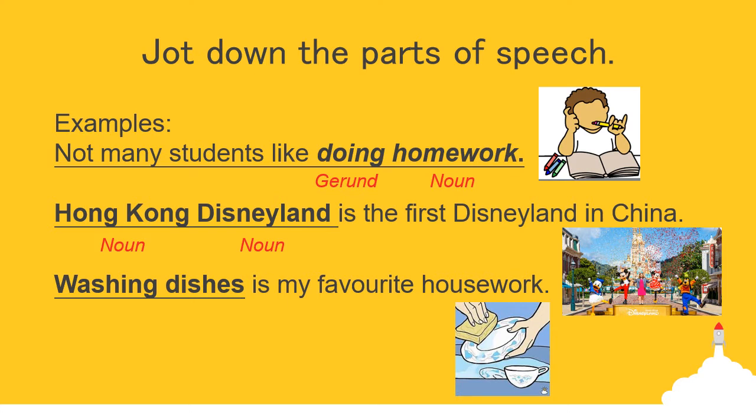Altogether, there are only 2 nouns in this particular noun phrase. As for the last example sentence, in the noun phrase washing dishes, there is a gerund and a noun. So you can tell now that usually when we talk about noun phrases, there should be mostly nouns or gerunds.